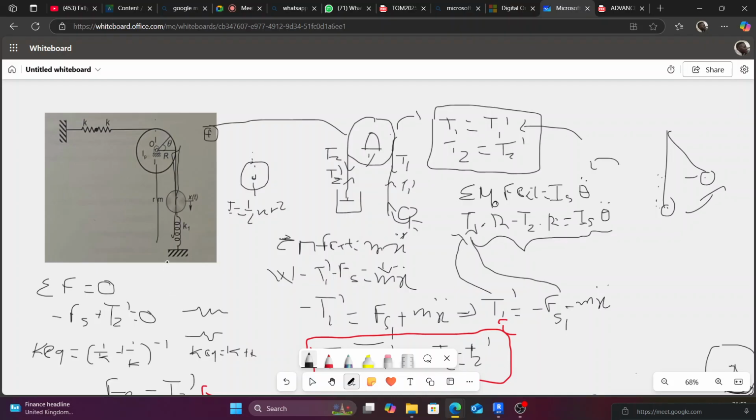But sir, what makes you draw the vertical lines and not the horizontal lines? Your question is, why not drawing like this?